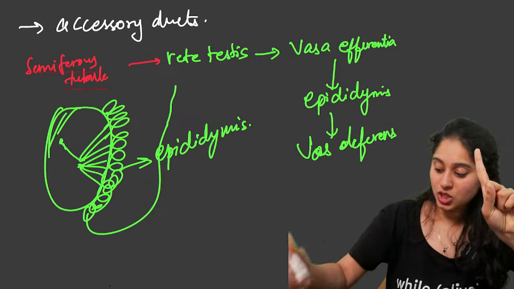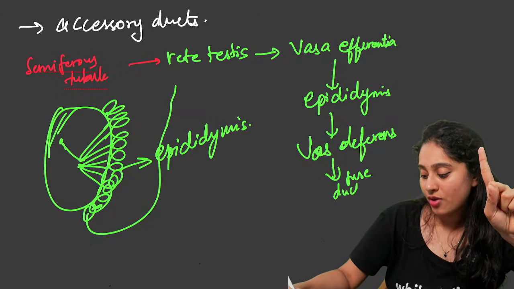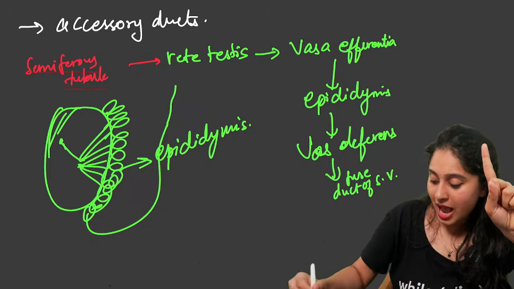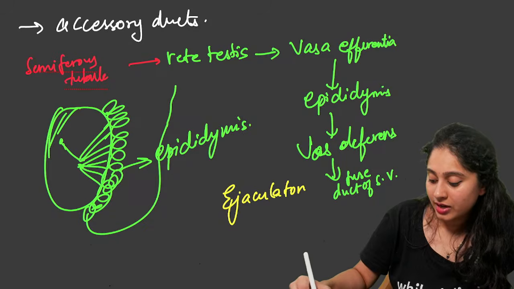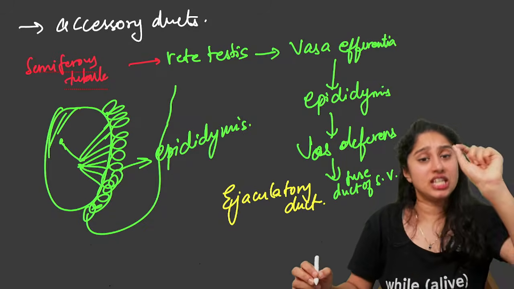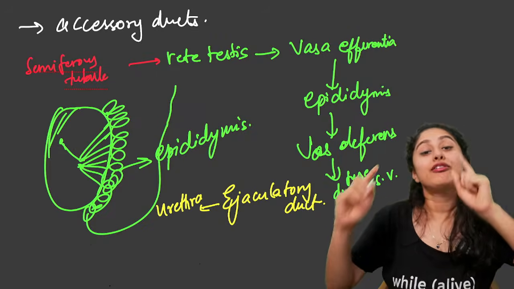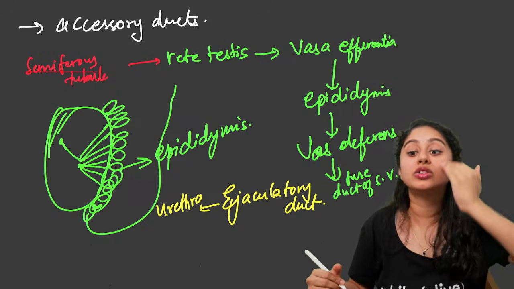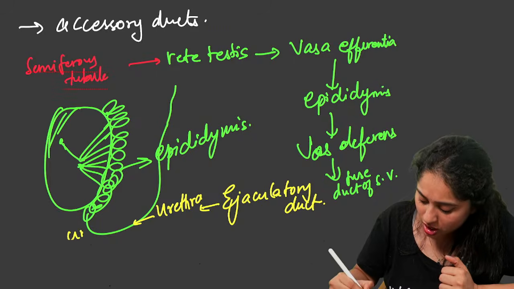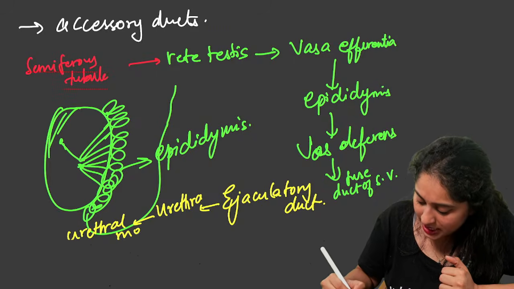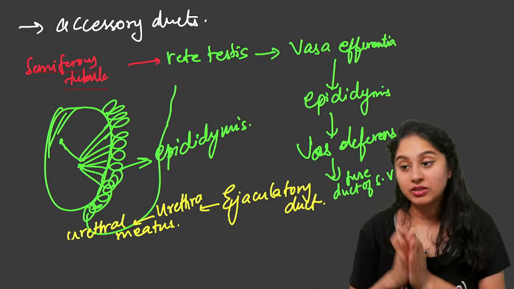This vas deferens will fuse with the duct of the seminal vesicle and form what we call the ejaculatory duct. From the ejaculatory duct, it will merge into the urethra, and from the urethra, it will pass through the external genitalia and open out into the urethral meatus. Meatus means opening.